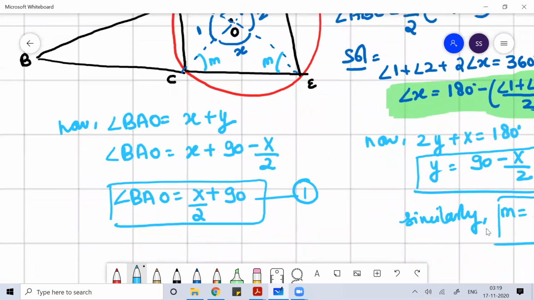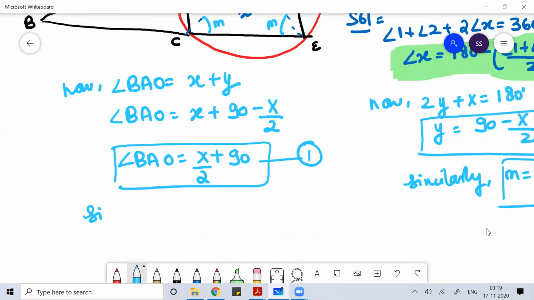Similarly, I can say angle BCO will be equal to x by 2 plus 90.